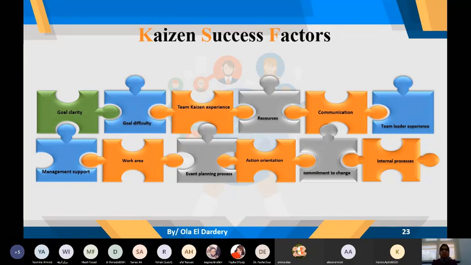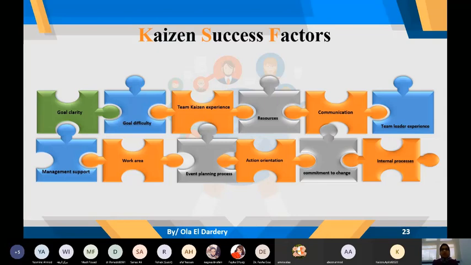If there is no support from the management, employees will not have the courage to implement any Kaizen activity in the beginning. So we have here goal clarity, goal difficulty, the team Kaizen experience, and as well we have to say that the Kaizen team must include a Kaizen expert to guide them, not just a team from employees or whatever team that comes together. They have to have an expert to help them understand the process.